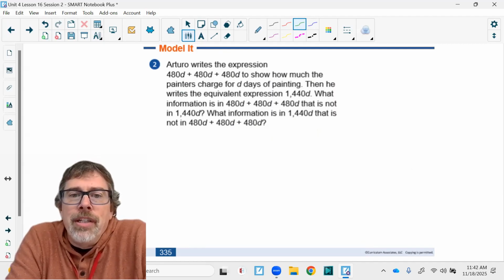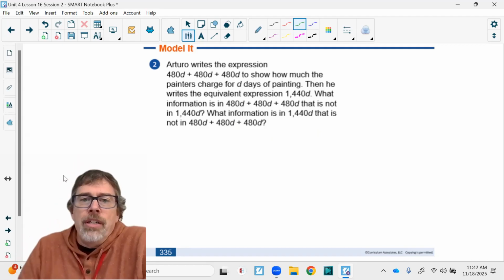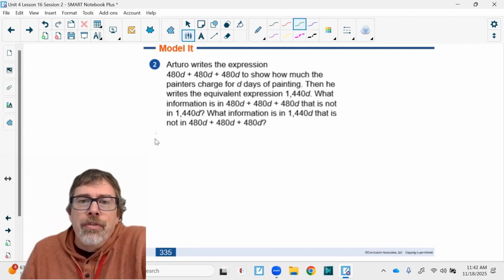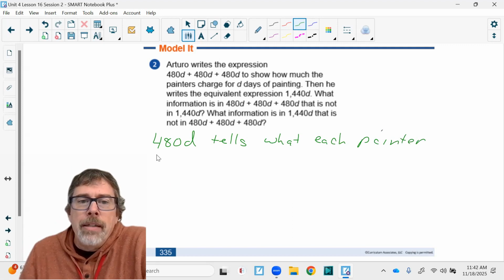What information is in the 480D that's not in the 1440D? Well, the 480D tells us what each painter makes in a day.